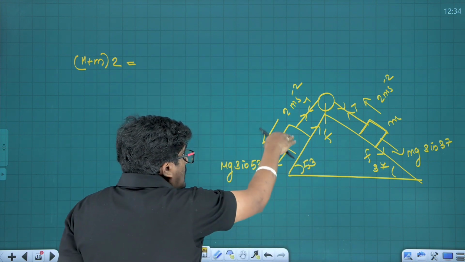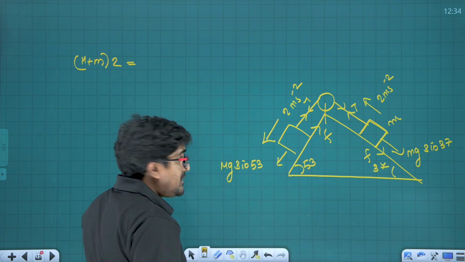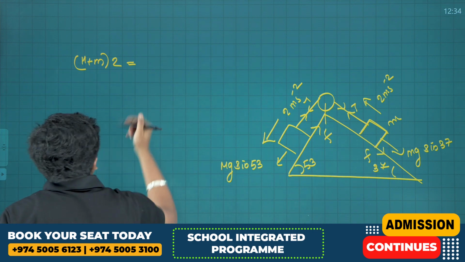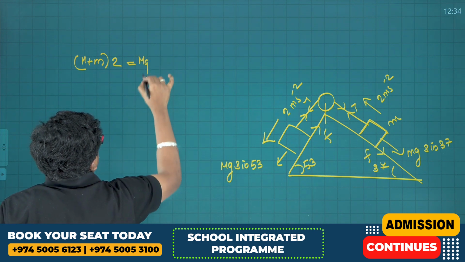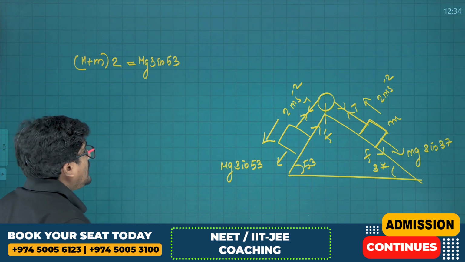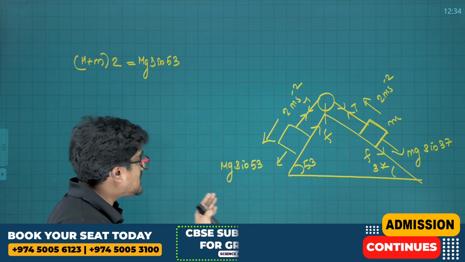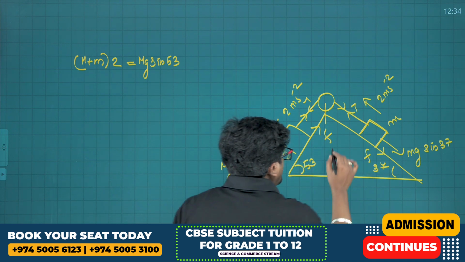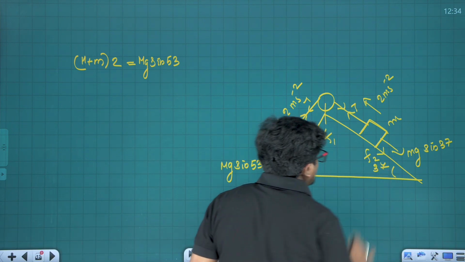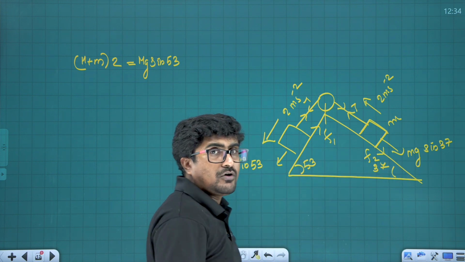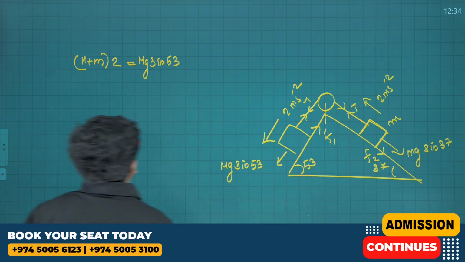The favoring force, that means the one that favors the motion, is capital Mg sine of 53. What opposes the motion is friction here and friction here. I would like to mark these as F1 and F2, and Mg sine 37. All these three forces are opposing.